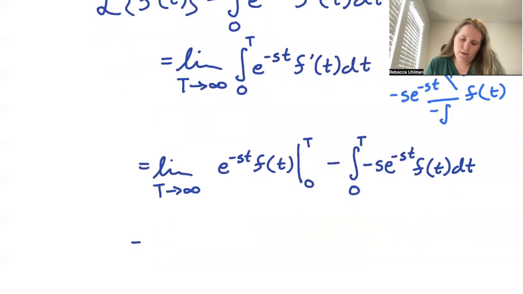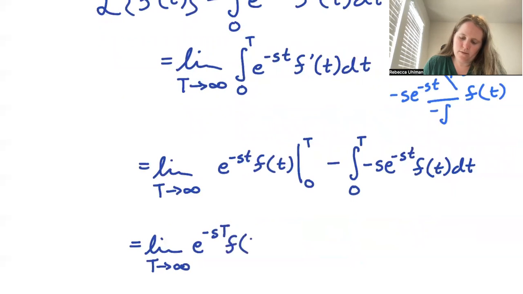For the first part, we are looking at the limit as capital T goes to infinity of e to the negative s times capital T times f of capital T, minus f of 0.